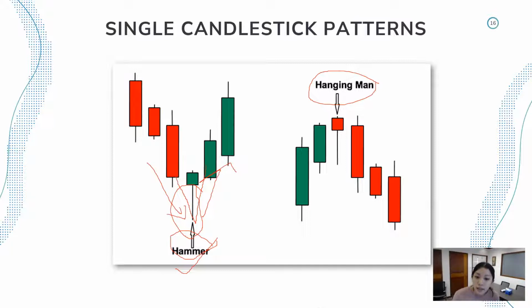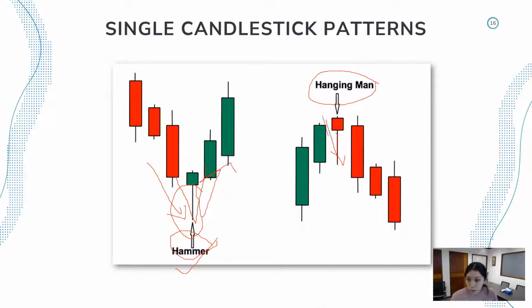On the other hand, the hanging man is a relatively weak bearish candlestick reversal pattern. This is because the bears try to push prices all the way down here, hence the long bearish wick.